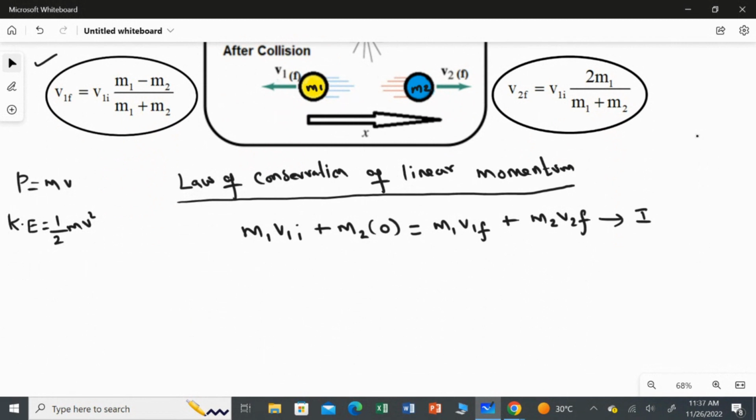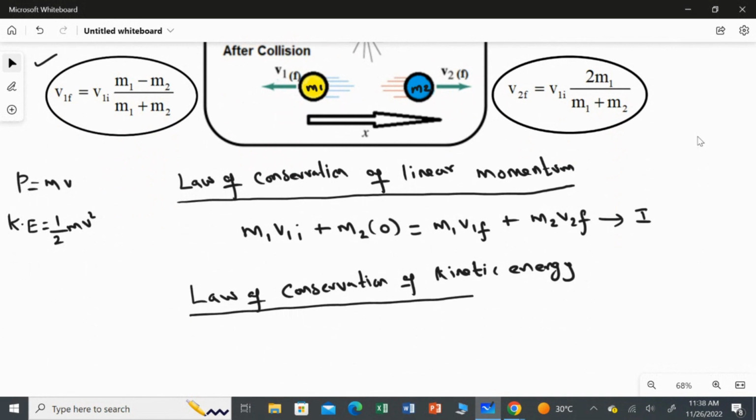And for the law of conservation of kinetic energy, as we already know, the formula for kinetic energy is half mv square.